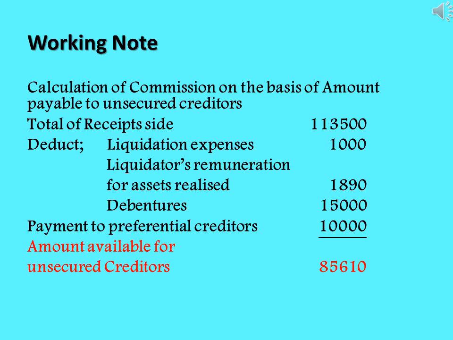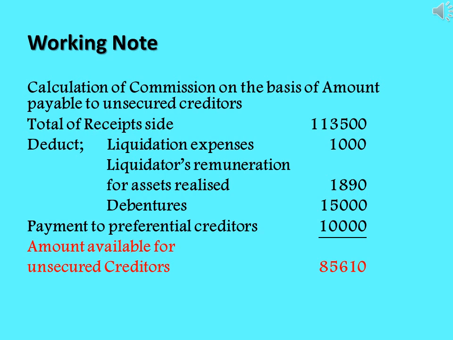In the question, it is shown that the total unsecured creditors is rupees 1 lakh, but here we have only rupees 85,610. It shows that the amount is insufficient to make the payment to unsecured creditors. So in the case of insufficiency, the commission is calculated on the amount payable to unsecured creditors into rate divided by 100 plus rate.